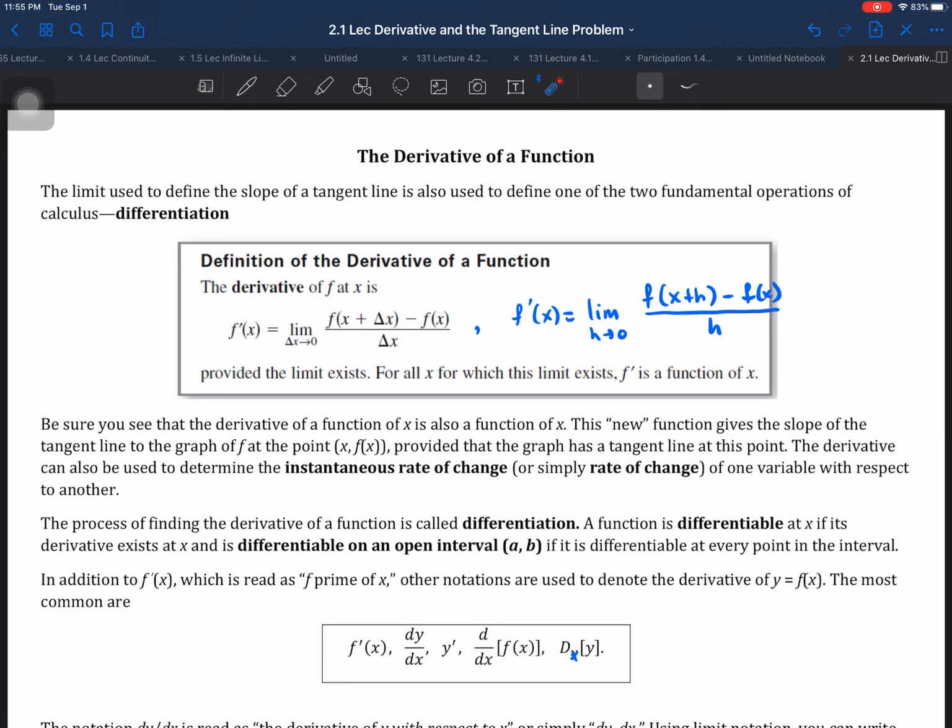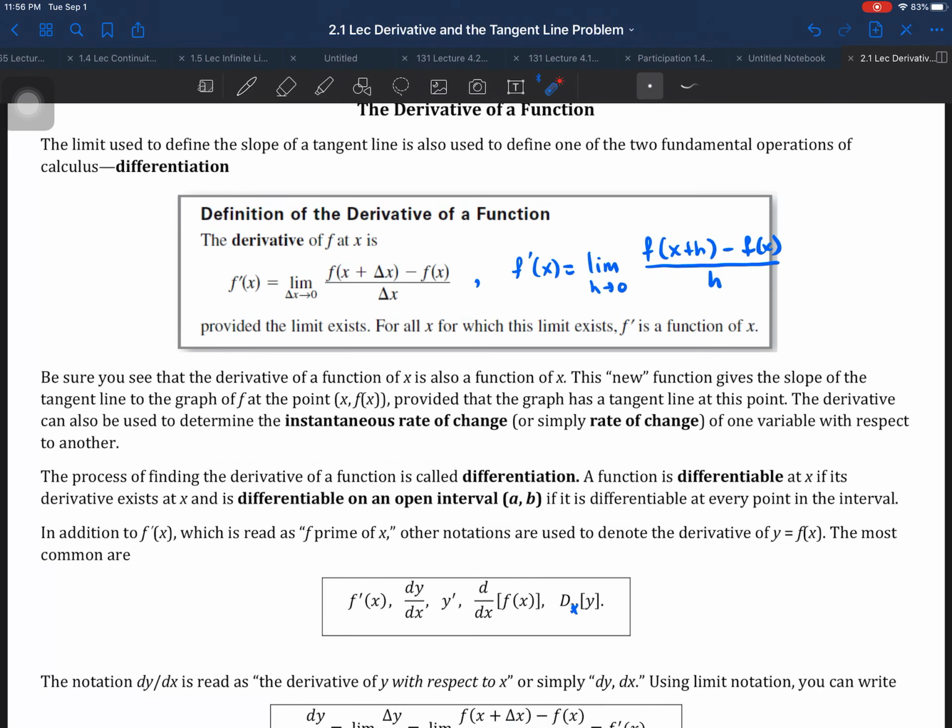Now we use this formula in different ways. We can use it to find the slope of the tangent line. We can call it the derivative. We can also call it the instantaneous rate of change, or sometimes just rate of change.